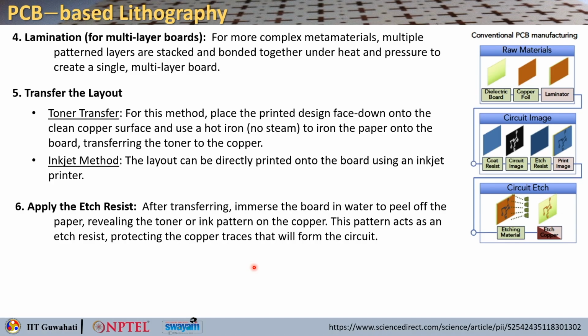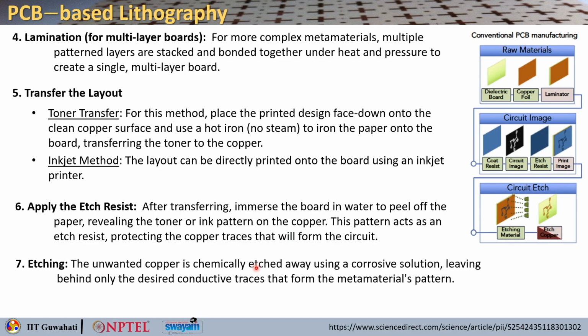So this pattern will basically act like an etch resist, protecting the copper traces that are going to form the circuit. Finally, you do the etching, that is here. So the unwanted copper is then chemically etched away using a corrosive solution, leaving behind the desired conductive traces that will form the metamaterial pattern.